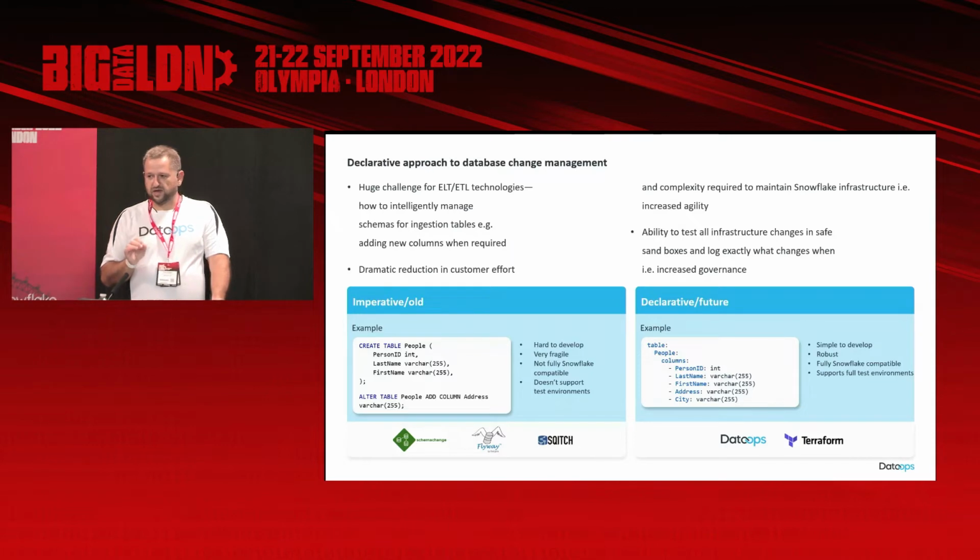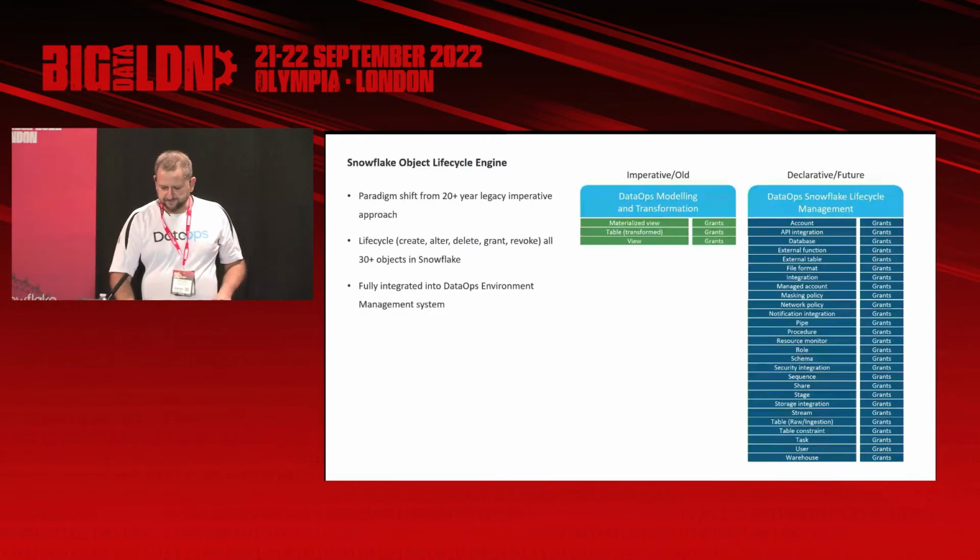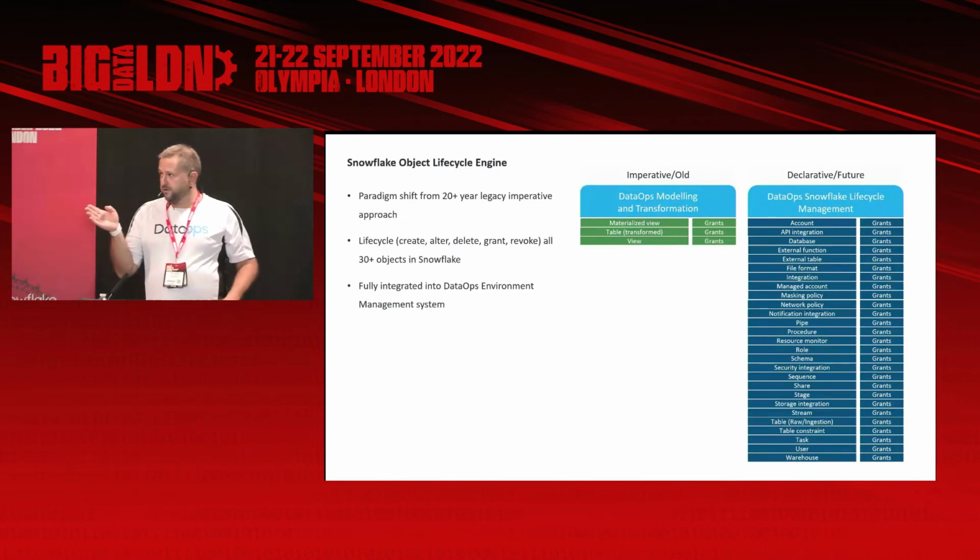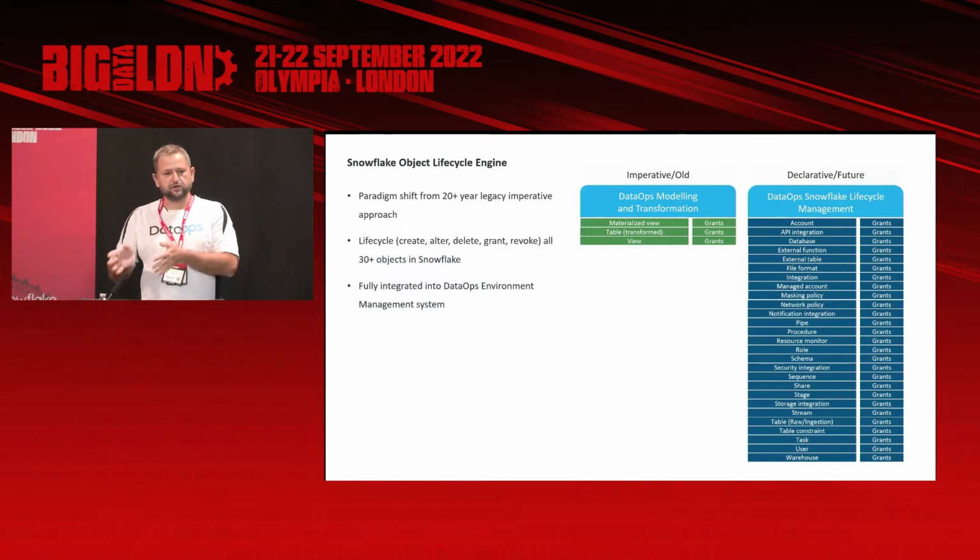And the reason we can do a lot of these DevOps types of practices and call it DataOps is because Snowflake gives us the ability to use development practices that directly map to what we would do in a developer lifecycle. So for instance, if we look at the imperative way, you had to write a whole bunch of SQL, manage all those scripts by yourself. Now we say, we're mapping all of the various objects that we can control in Snowflake, but we're going to do it in a declarative fashion.